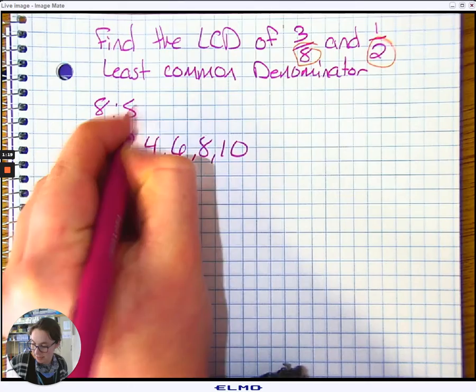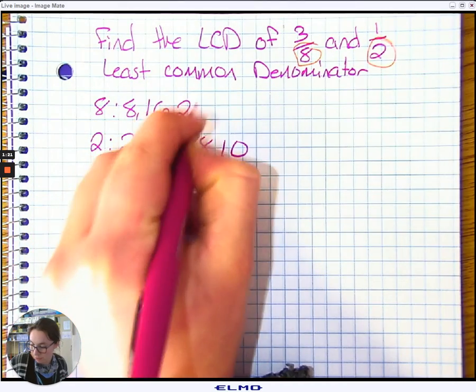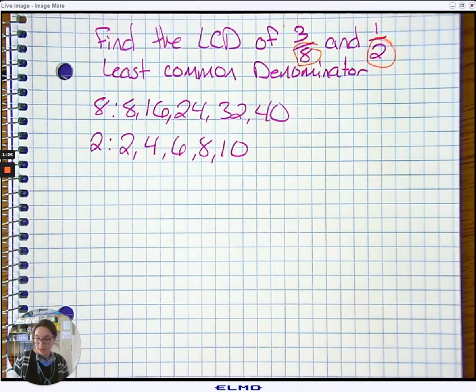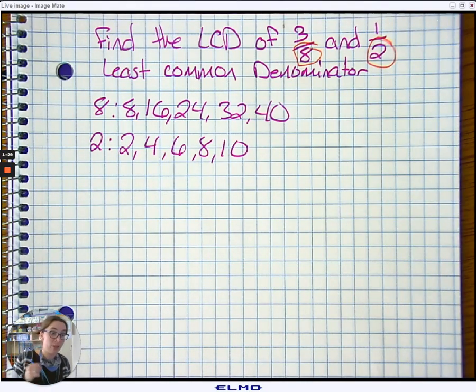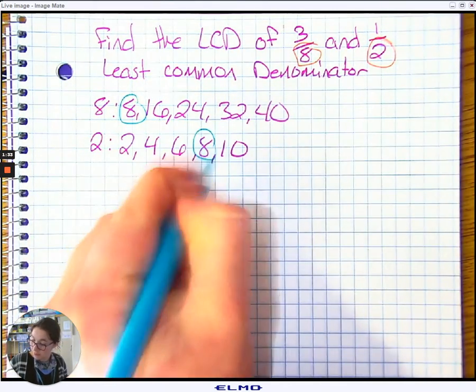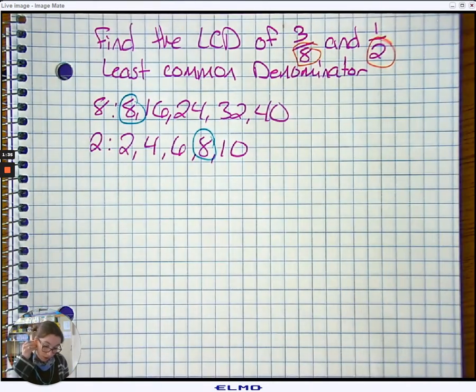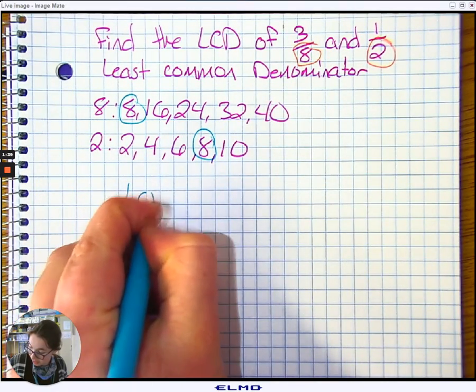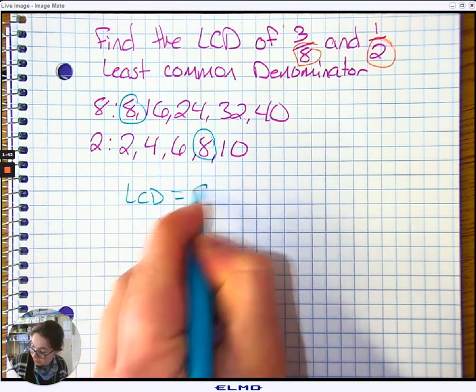Count by 8s, 8, 16, 24, 32, and 40. And what is our least common multiple here? The smallest number that they both have in common is, of course, 8. So, our least common denominator, our LCD, is 8.